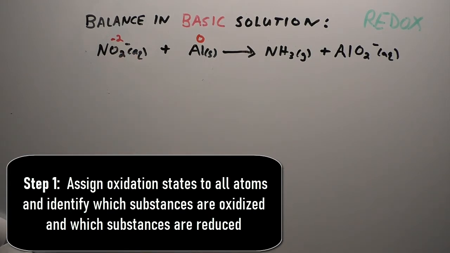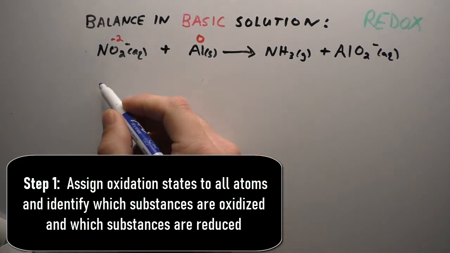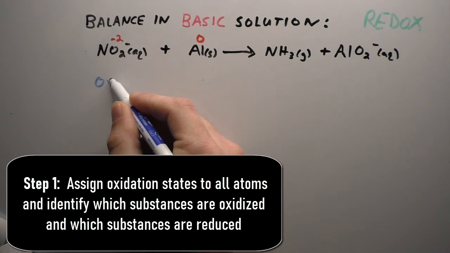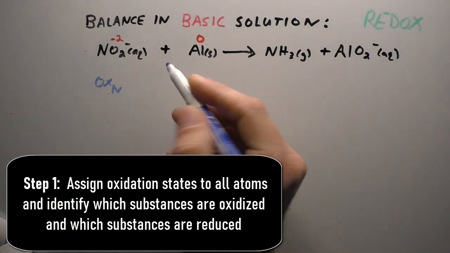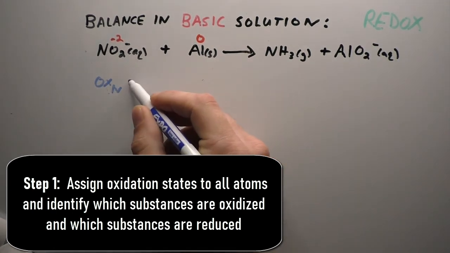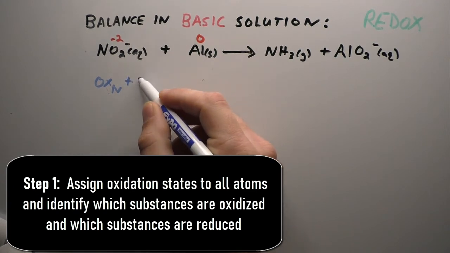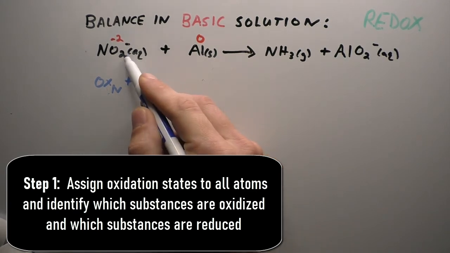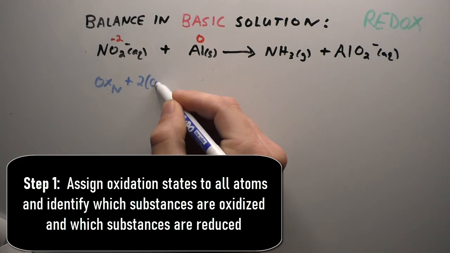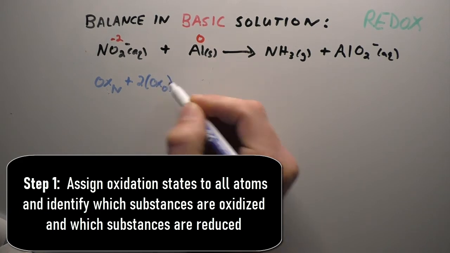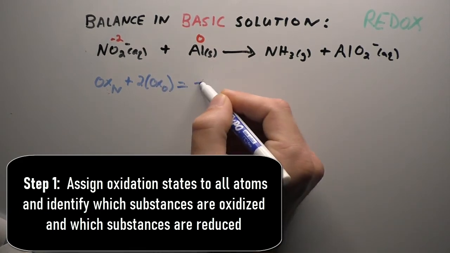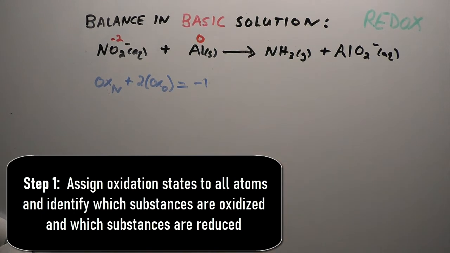So if we set this up like an algebraic equation, we have some number, which I'll call the oxidation state of nitrogen, ox sub N, plus twice the oxidation state of oxygen, because there are 2 oxygens, is equal to -1, the overall charge of this polyatomic ion.